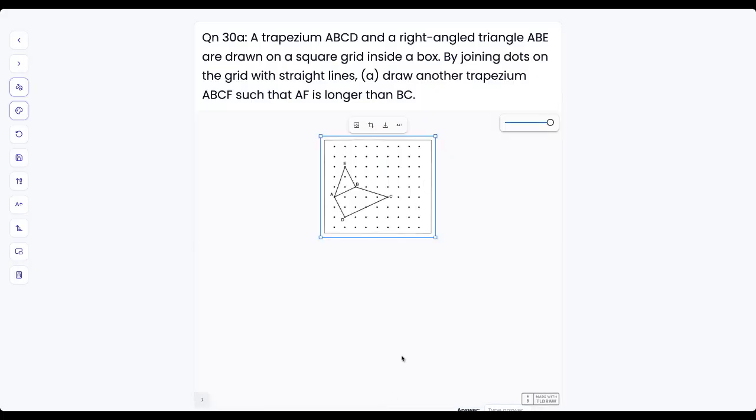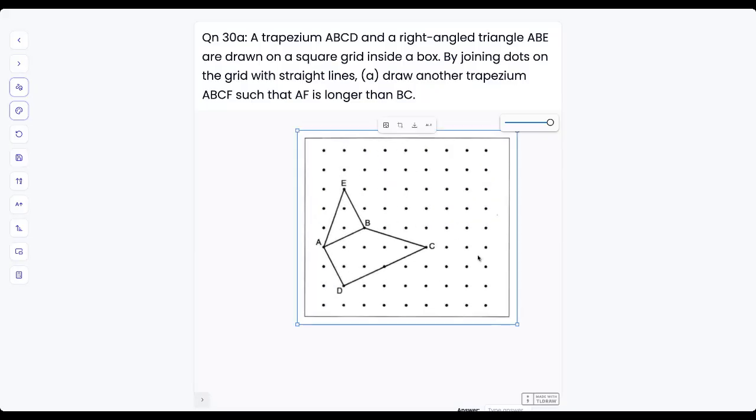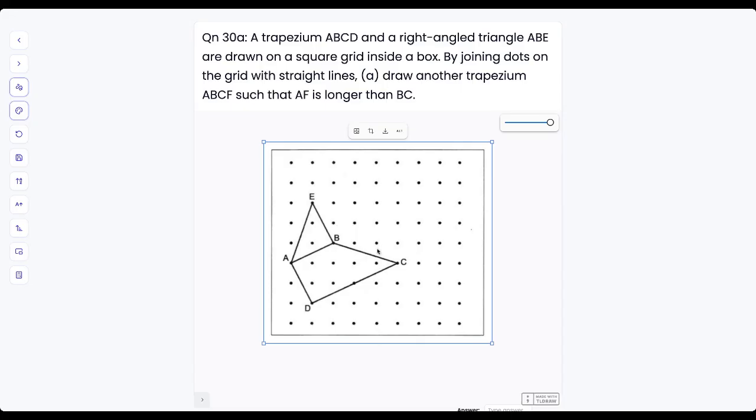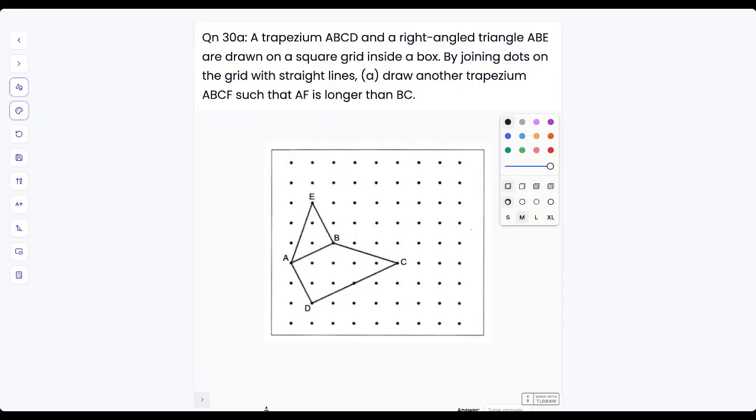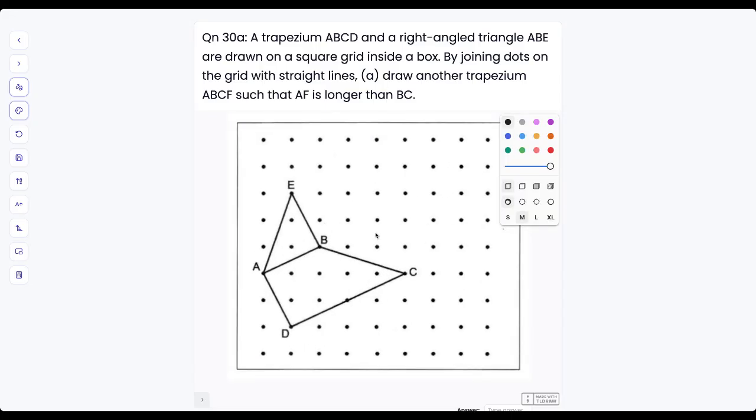Let's close this all the way down and let's open this up. So what we need to do is draw a trapezium A, B, C, and F, and we want to make sure that AF is longer than BC.